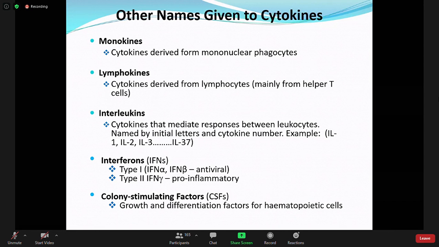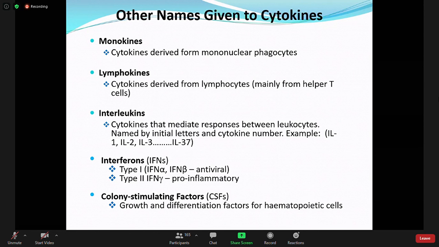From this development of lymphocyte culture, you could then isolate more substances coming from these lymphocytes. And so they're called lymphokines. This is the more general term we now use for cytokines, because we understand the importance of T helper cells, and that most of these cytokines come from T helper cells.